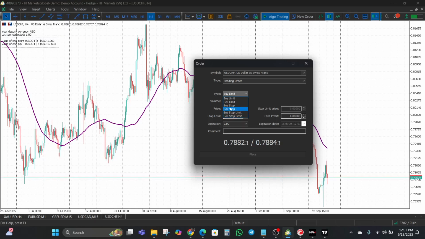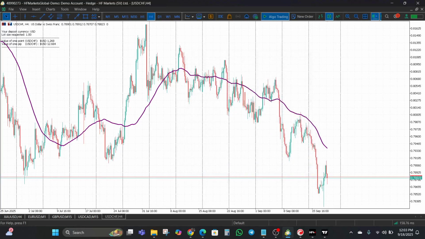So it might be quite complicated for a beginner, but it has its importance. In addition to those, MT5 also has some additional tools that MT4 might not necessarily offer.